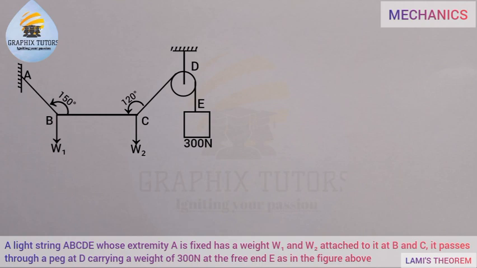These are the points A, B, C, D and E along the string. Each of these strings, due to the weights W1, W2 and the weight here at point E, which is 300 Newton, there will be a tension acting along this string. So there will be a tension along AB, we're going to call it TAB.